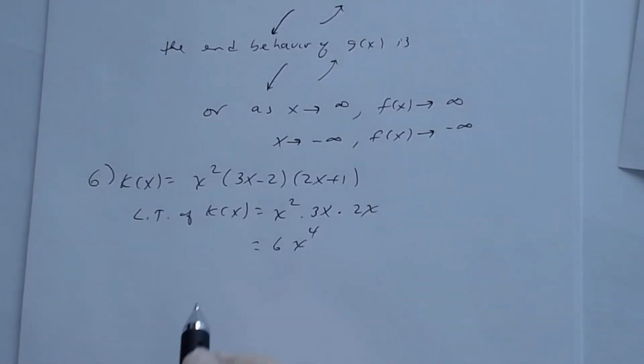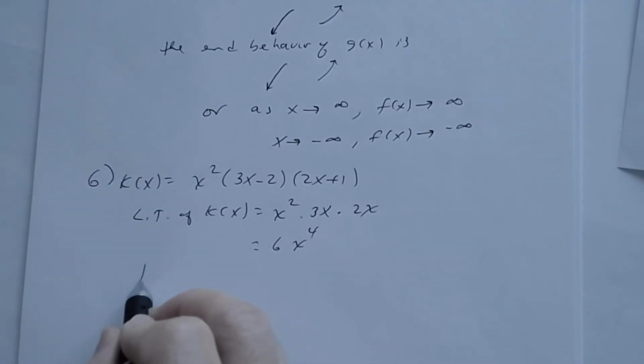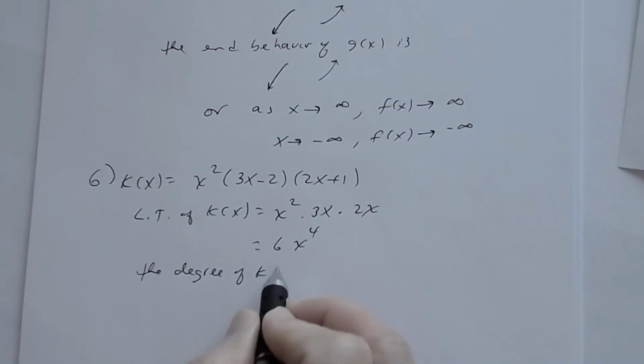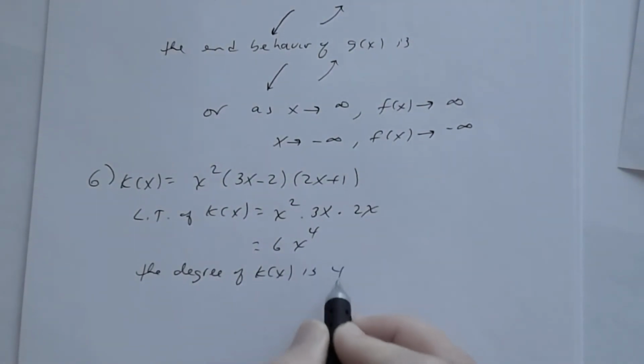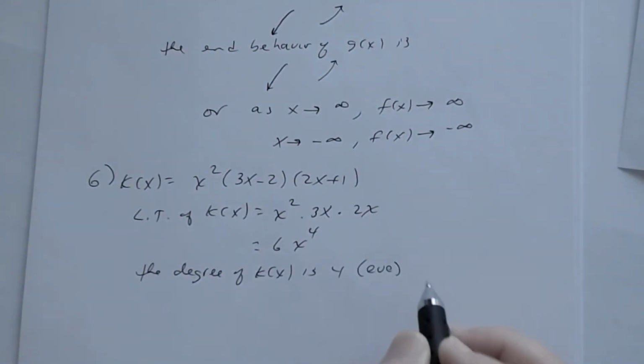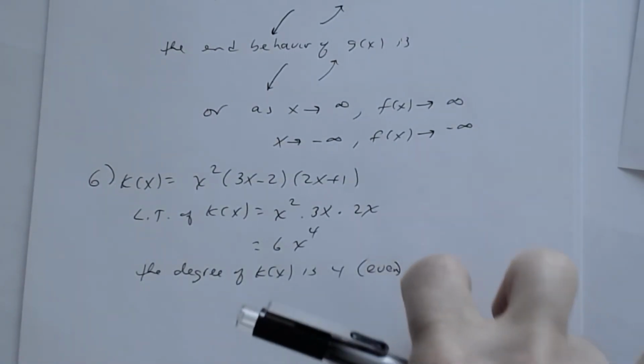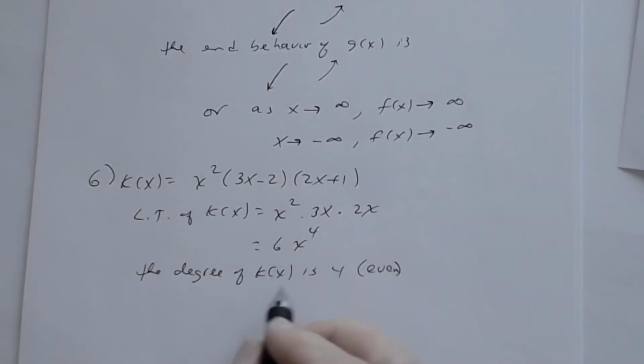Okay? And so once I know that, then I can say this. Since the degree of k of x is 4, which is even. So remember, if it's even, it points in the same direction. Either it's pointing up or it's pointing down. Okay?